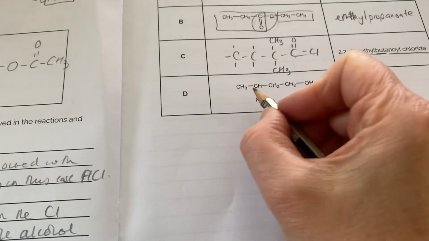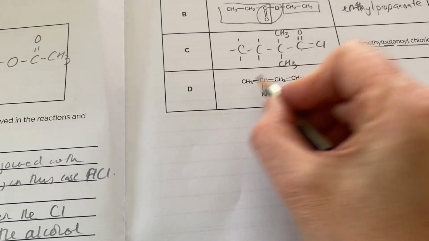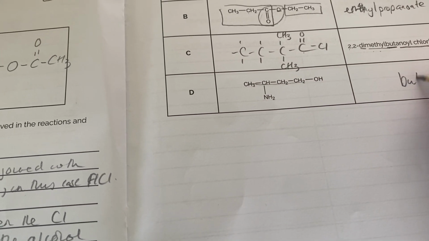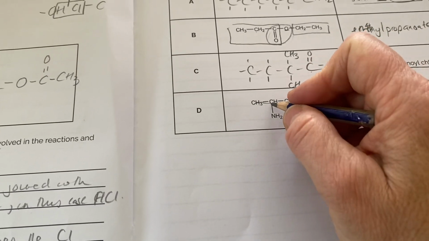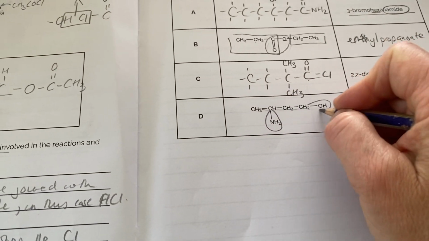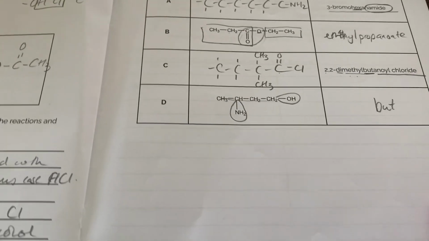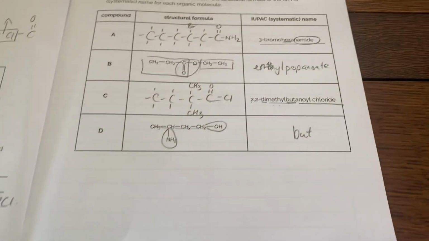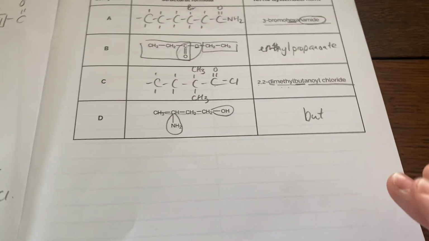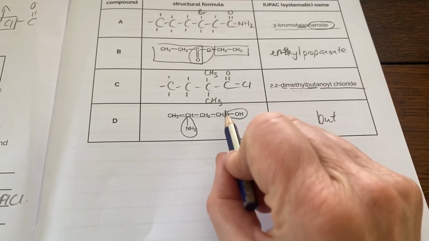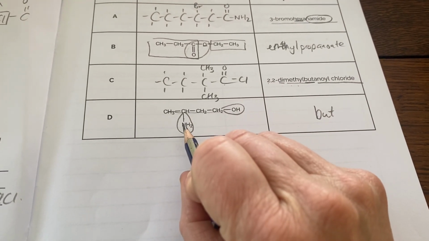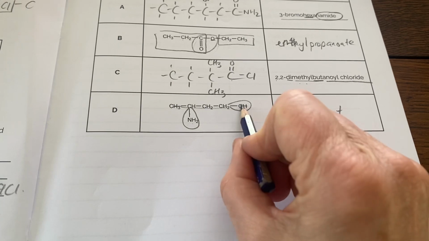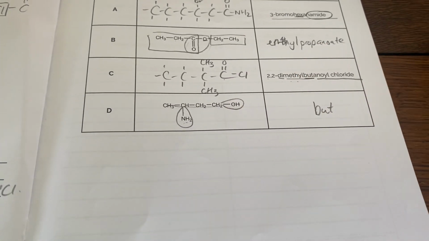And the last one here, my longest carbon chain is a but. I've got 2 different functional groups. I've got an amine and an alcohol. And in level 3 at school, you can name them whichever way you like. We are going to have a 1 and a 3, but which one you use for the word ending and for the prefix is up to you.